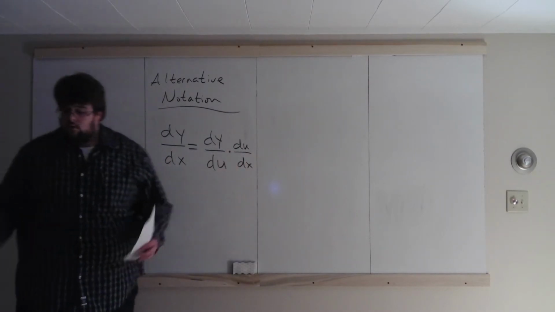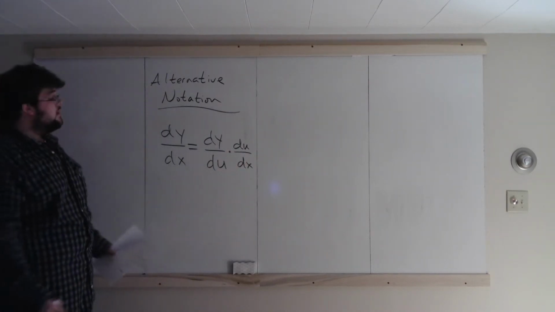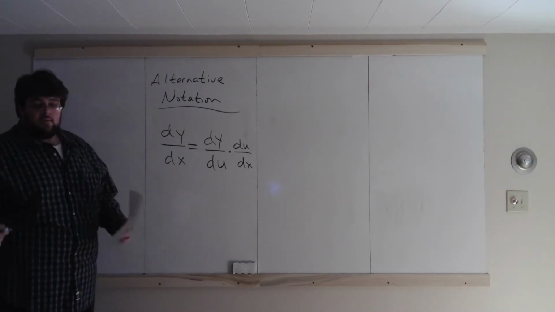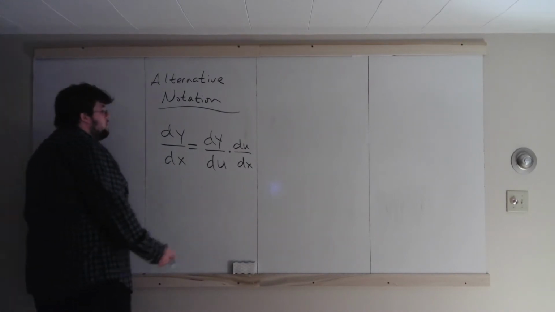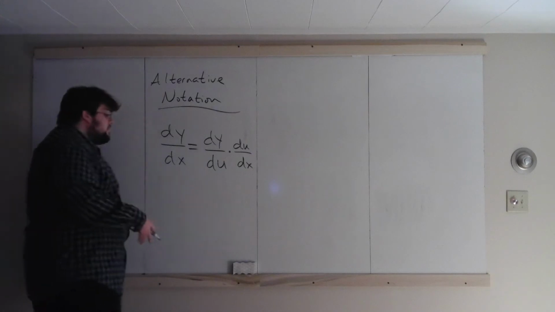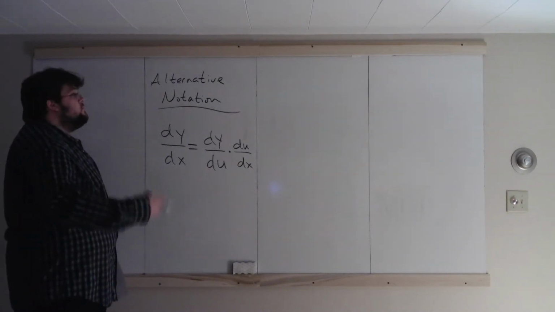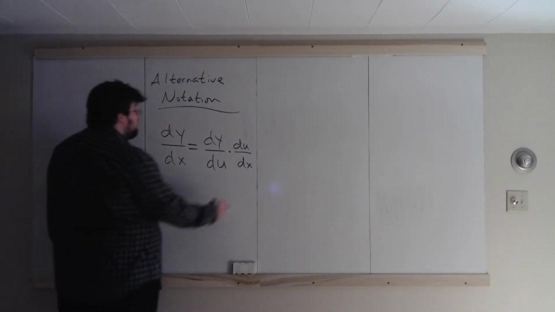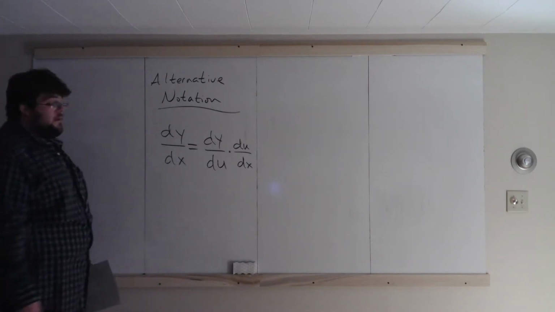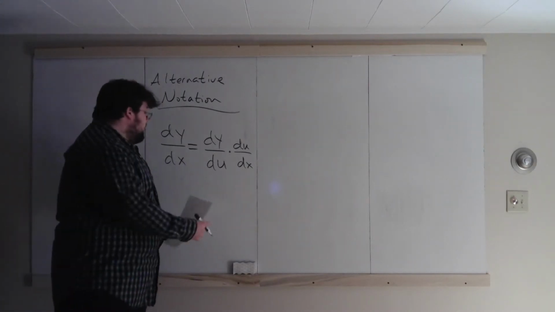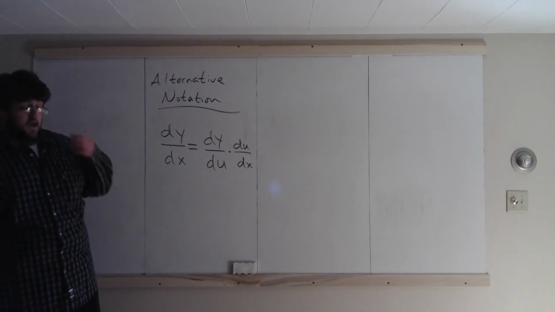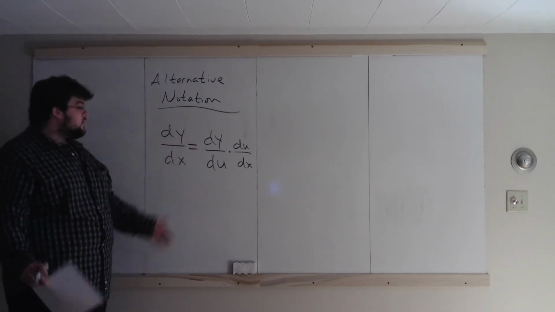Now, these derivatives are not fractions. Sometimes they behave like fractions, and sometimes it's useful to use fractions to show that behavior. Right here is one example. Now, it is not always the case that it behaves like fractions.